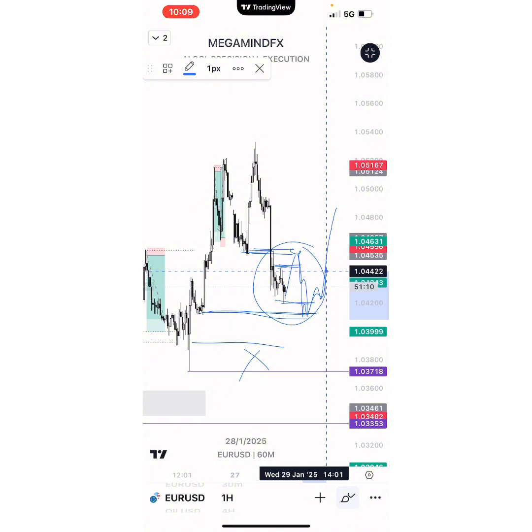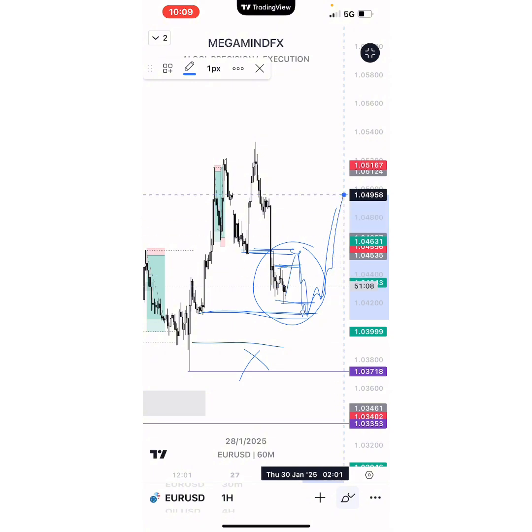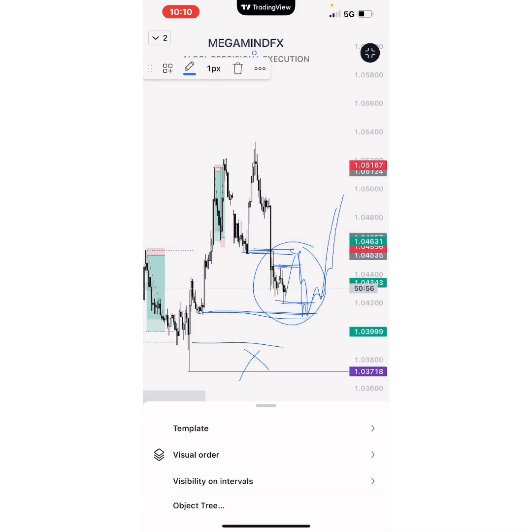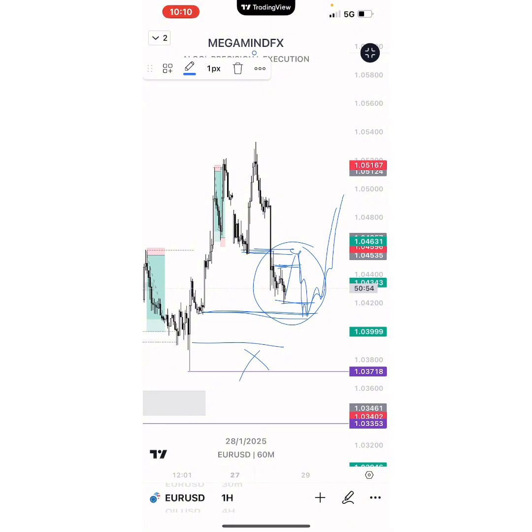Then we can have the buy. Without this happening, I'm not interested in buying now. So this is what I'm looking out for. The idea is to be reactive and not to be predictive. So react to price. As soon as you see that stuff, you react. As soon as you see what works, you react to it.